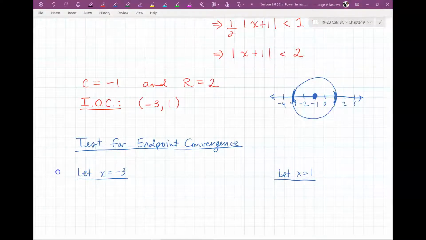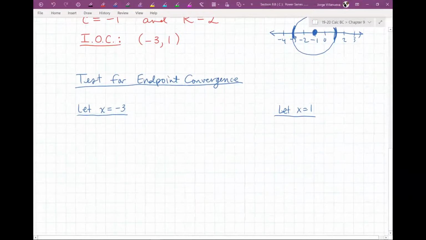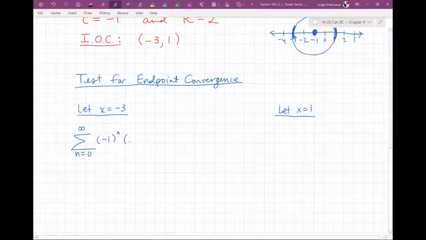Okay? So our original series. So here we go. The sum as n goes from 0 to infinity of -1 to the n. Now remember, it's x plus 1 to the n, right? So it's going to be -3 plus 1 to the n over 2 to the n. And I'll write the other one since we're here right now.